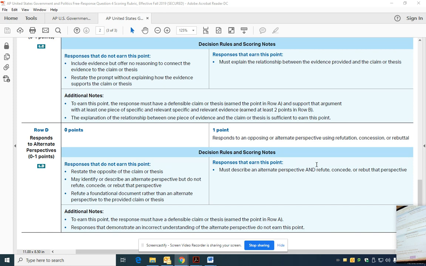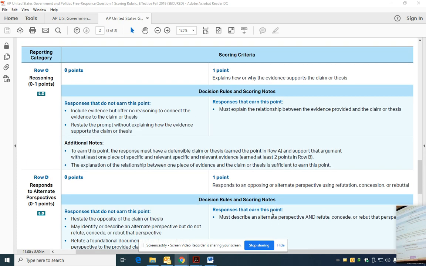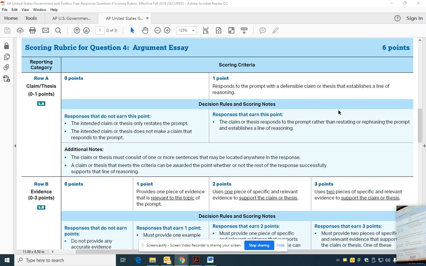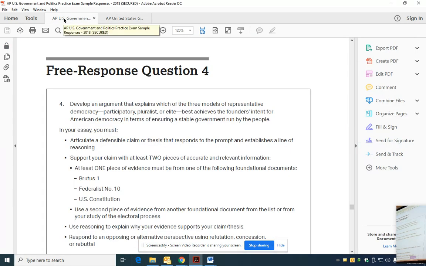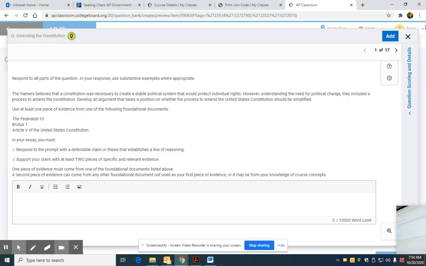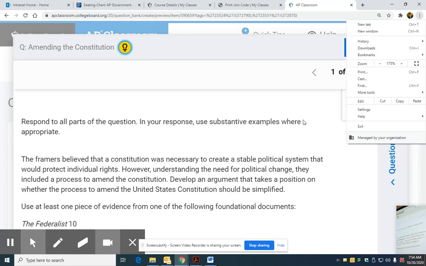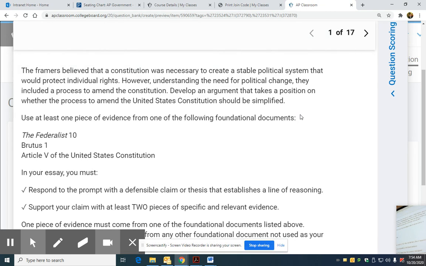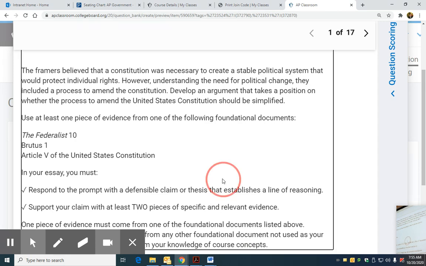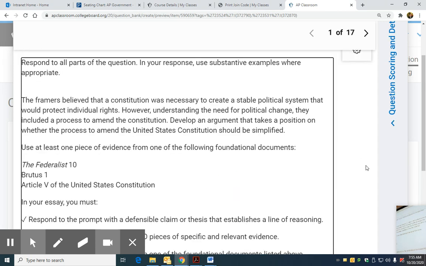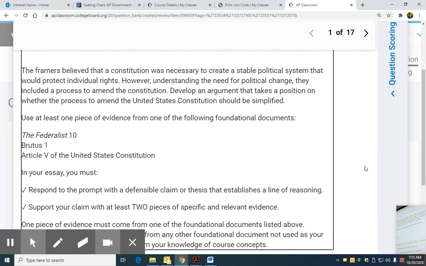Okay, so we're going to look at just the claim piece first. Response to a prompt with a defensible claim. I'll show you an example. Let's go with this one. Okay, so this is an example of an argumentative essay prompt.